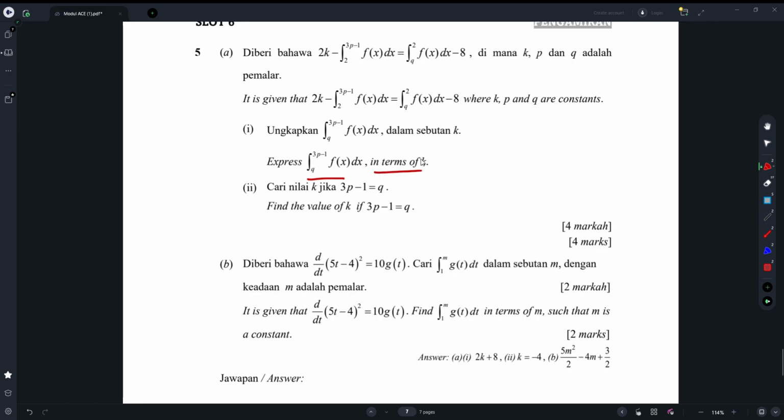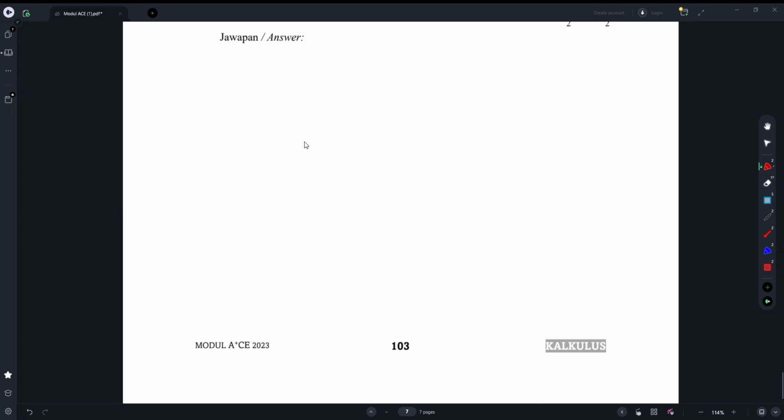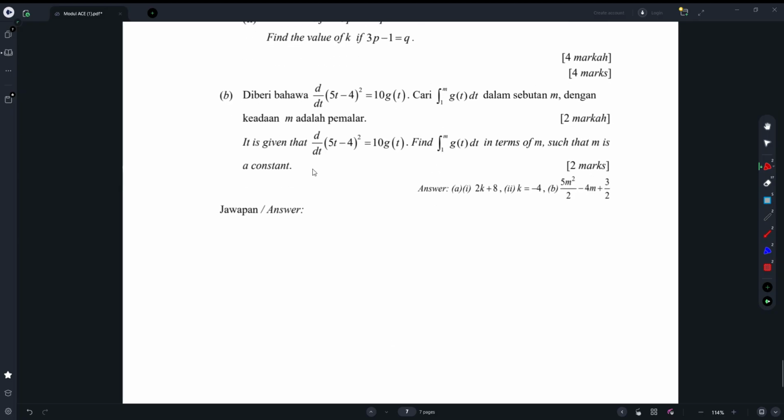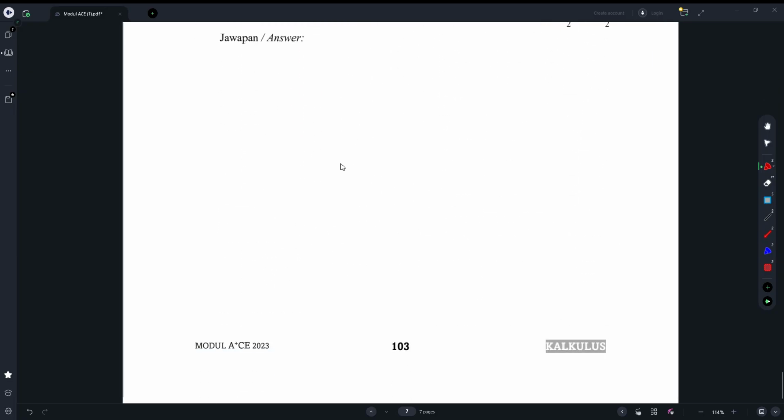Very, very simple. According to the question here, we have 2k minus the integral from 2 to 3p minus 1 of f(x) dx, is equivalent to the integral from q to 2 of f(x) dx, minus 8.